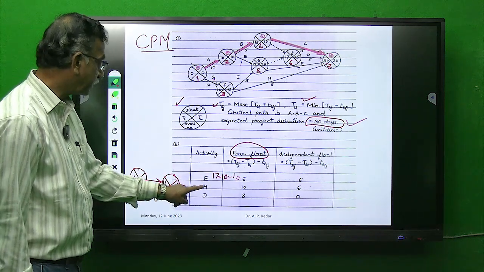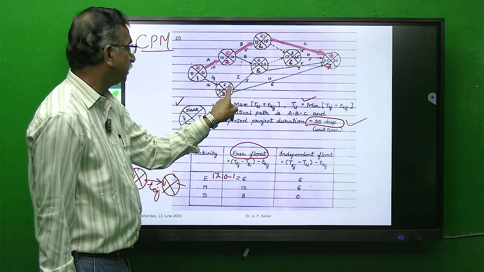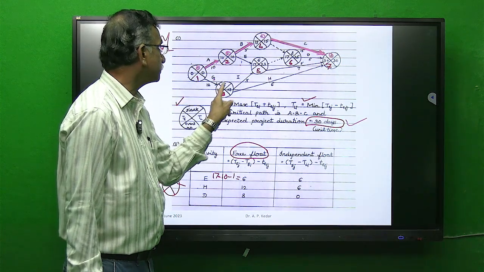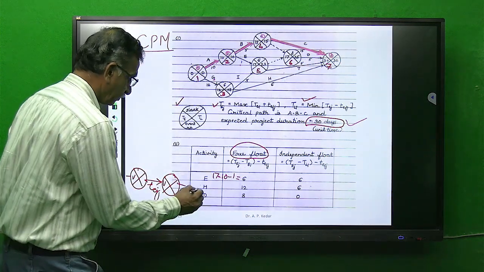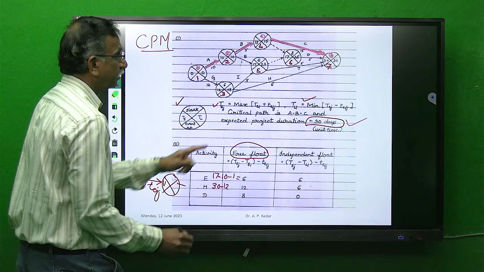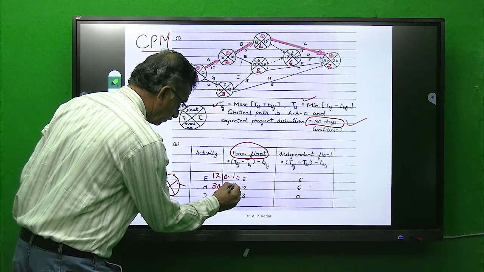Similarly for activity H, the difference is 30 minus 12, then minus 6.